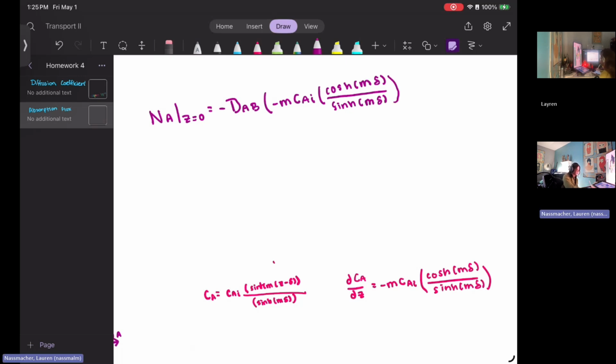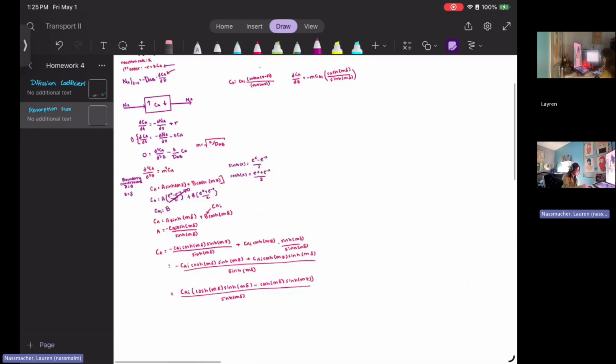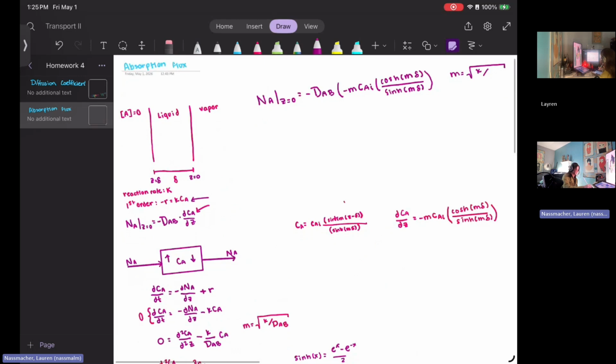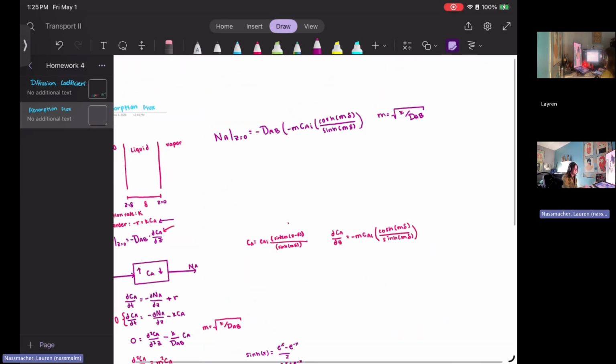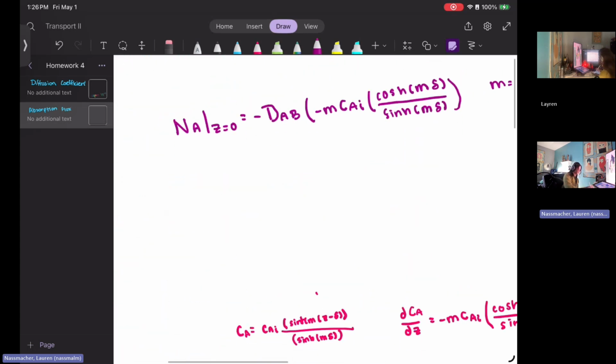And that m is, of course, equal to the square root of our reaction rate divided by our diffusion coefficient. And look at that, of course, you can cancel out the negative signs, so it's just the diffusion coefficient.